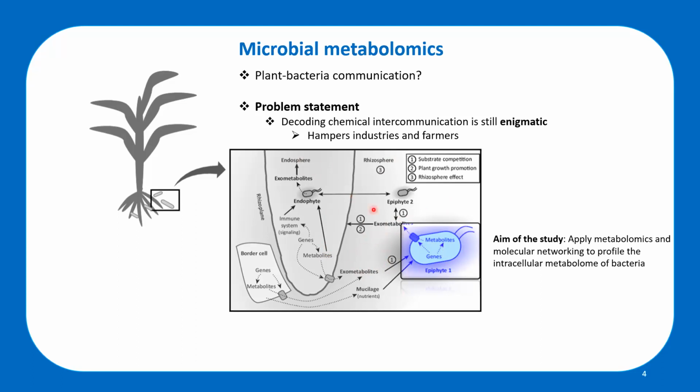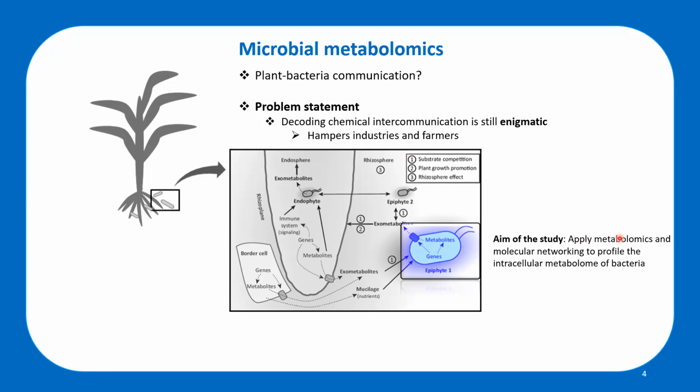However, decoding this chemical intercommunication is still enigmatic. That means that the interactome between the bacteria and the plant is poorly understood. Therefore, this hampers industries and farmers from confidently and innovatively formulating and fully implementing the use of PGPR-based biostimulants into agronomic practices for sustainable agriculture.